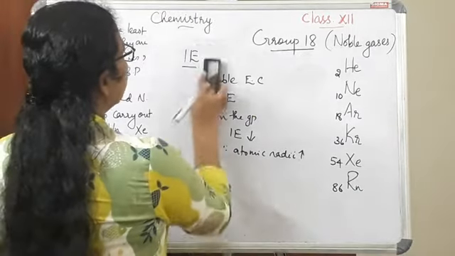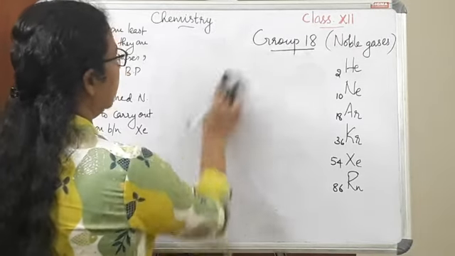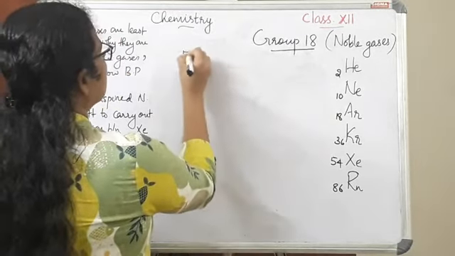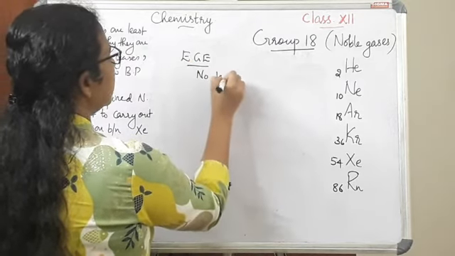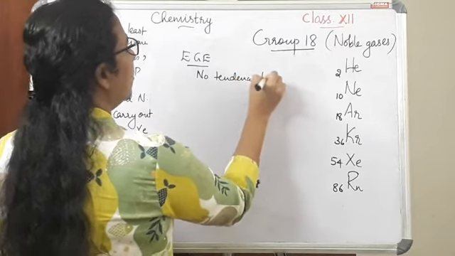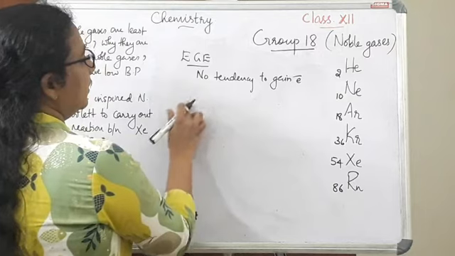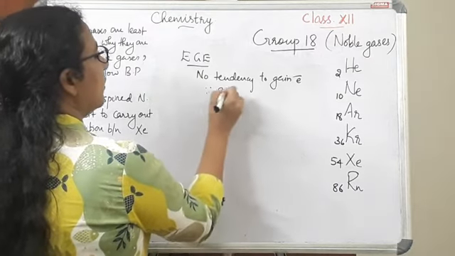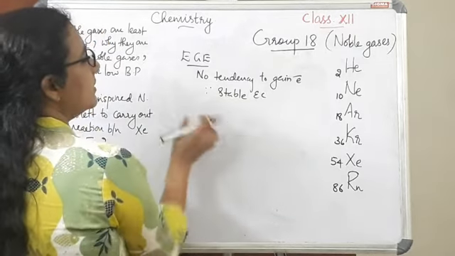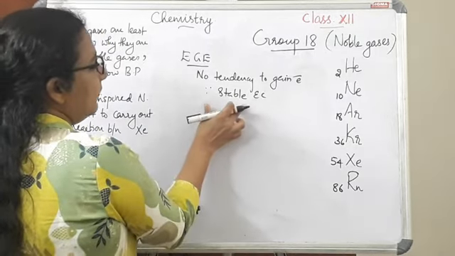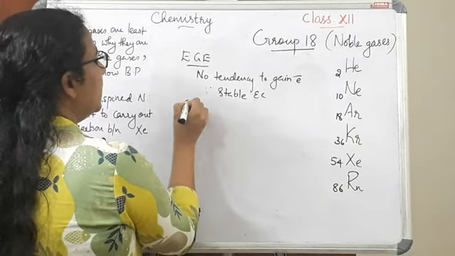Then comes electron gain enthalpy. We have already seen there is no tendency to gain electrons since it has a stable electronic configuration. But if we need to give an electron to the atom, we need to give extra energy.